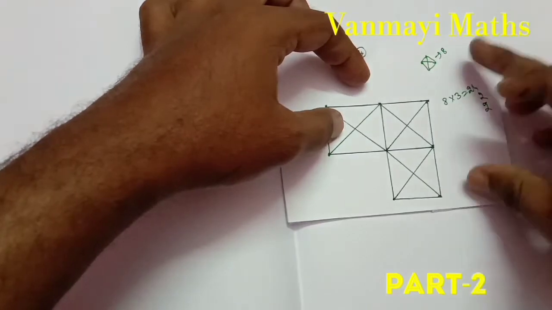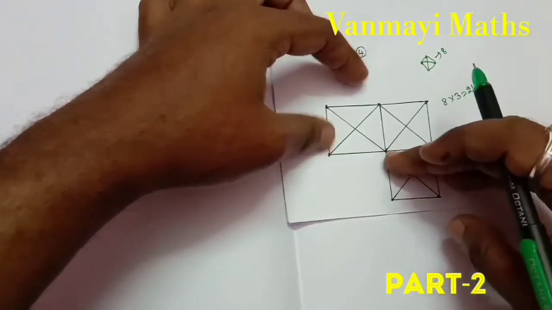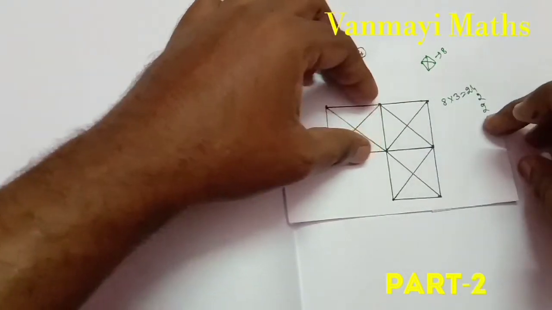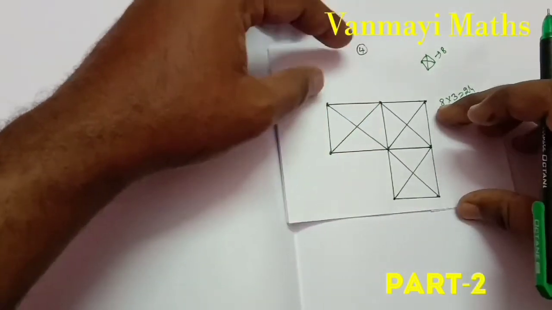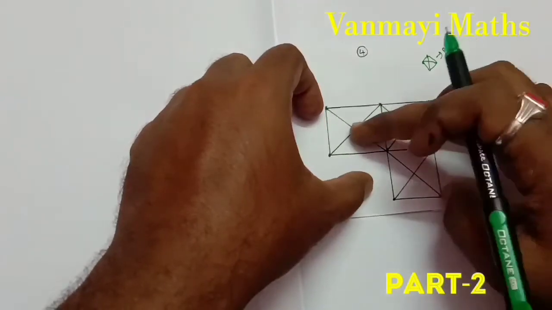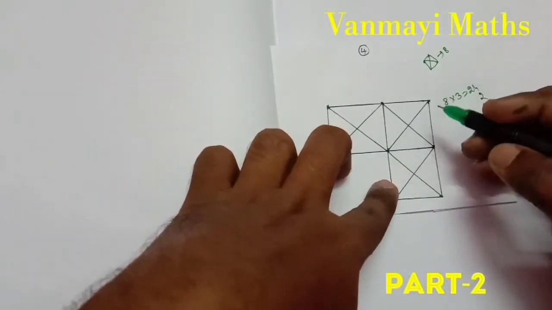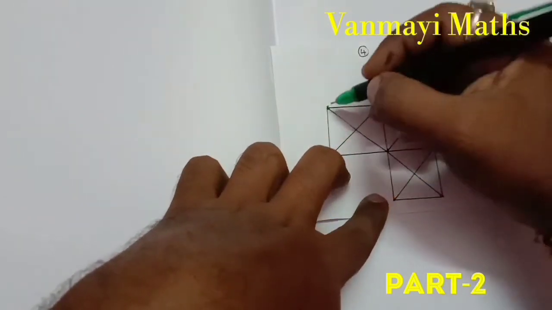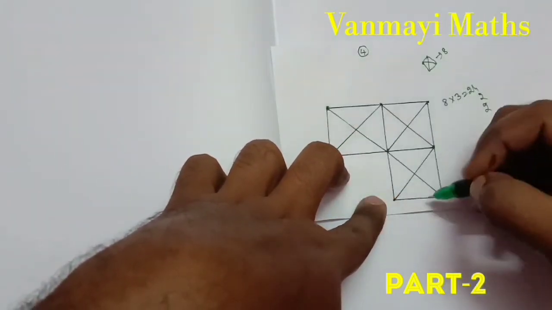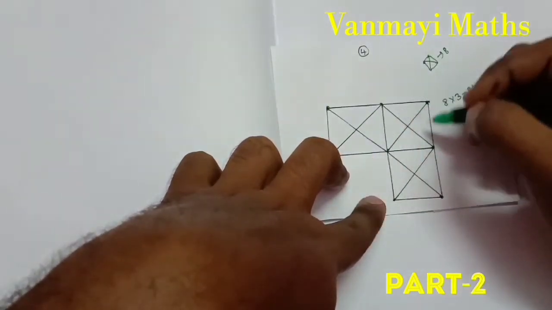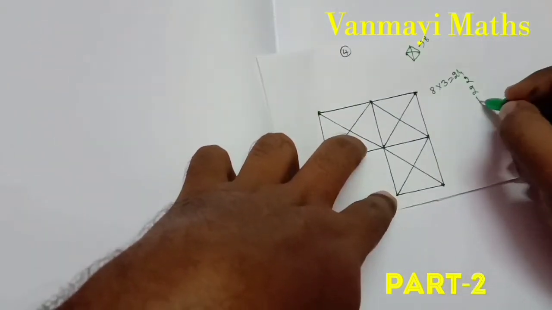Now observe here. With 3 boxes is there any possibility? Like this, this vertex and this vertex, so these 3 vertices give you another one.